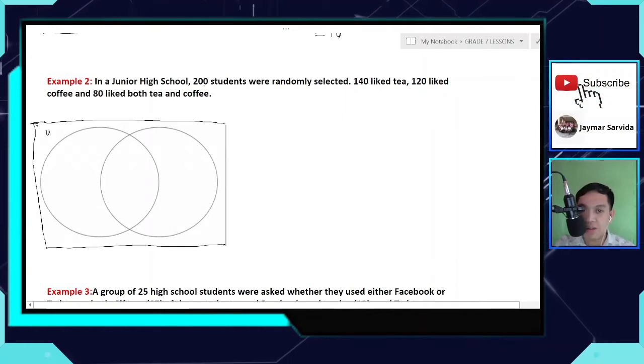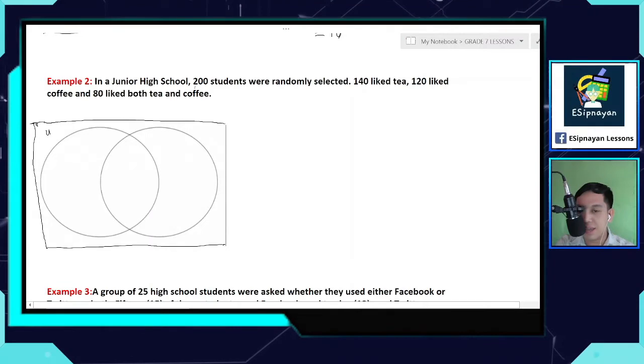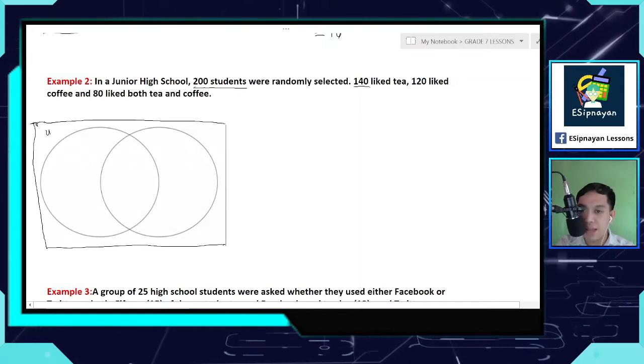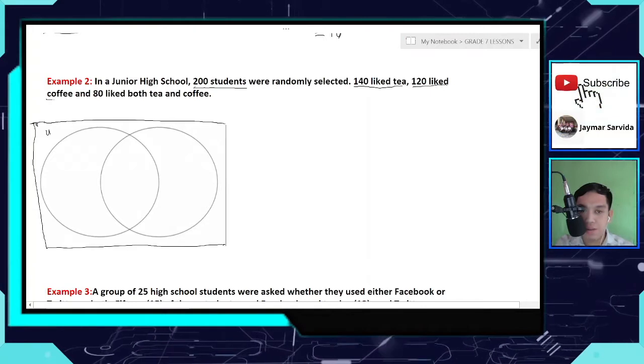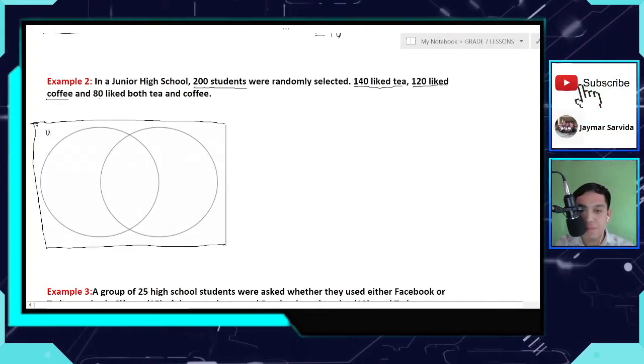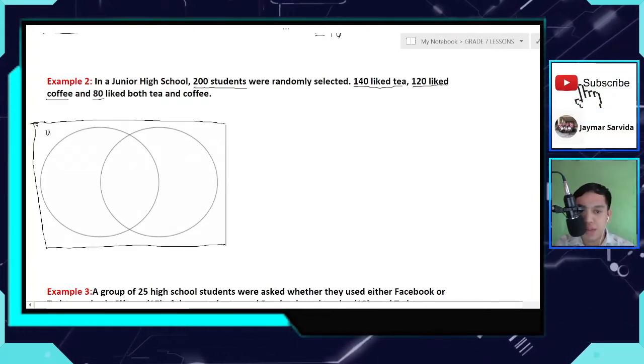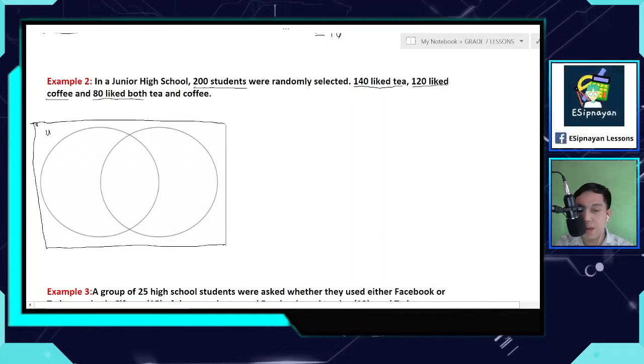Dito we have 200 students randomly selected. Ilan lahat yung ating students? 200 students in all. 140 dito like tea, 120 like coffee. 80 ngayon like both tea and coffee.